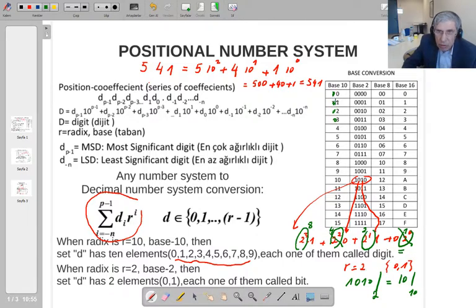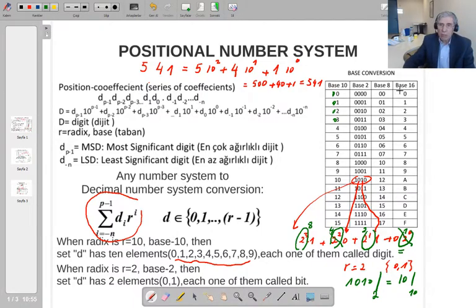When this first position is full with your symbols, you're going to increase the second position by one more, from 0 to 1. So you're counting, and you can represent any number in decimal by using these decimal symbols. A similar thing you can say for base 2 and base 8 as well.